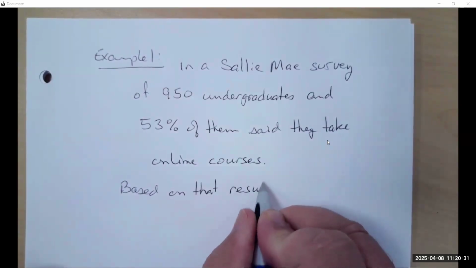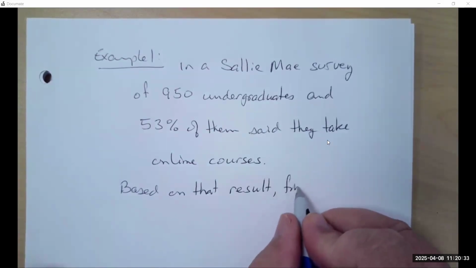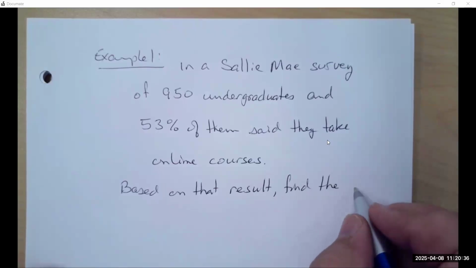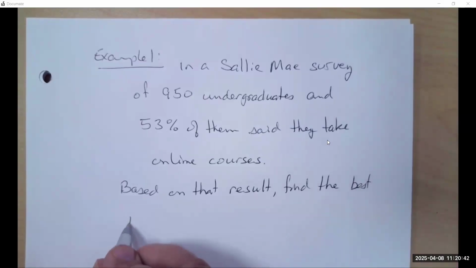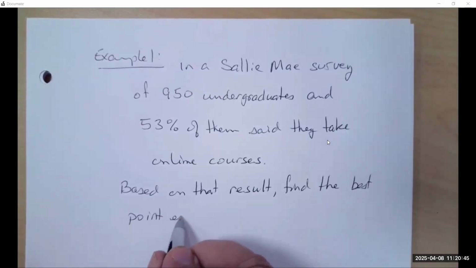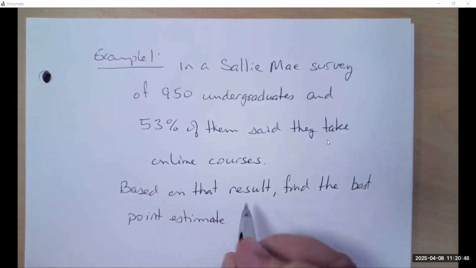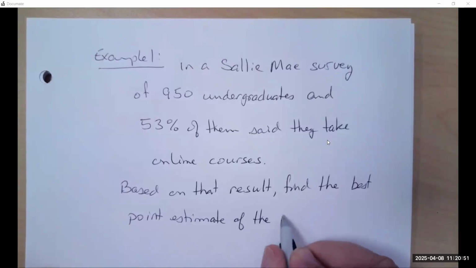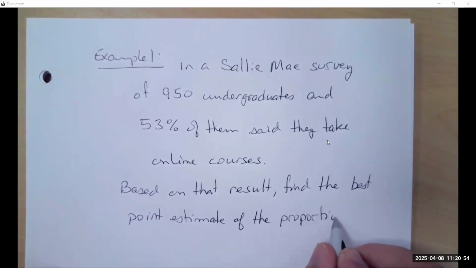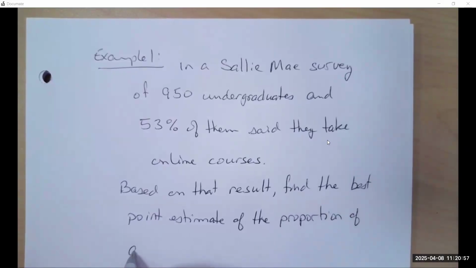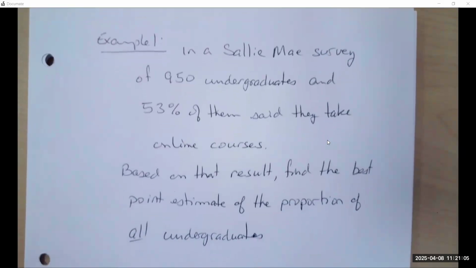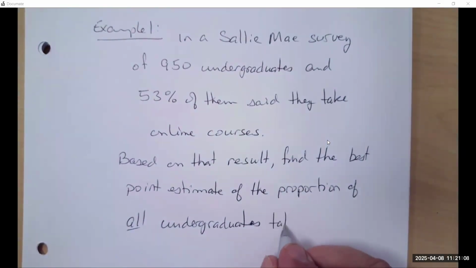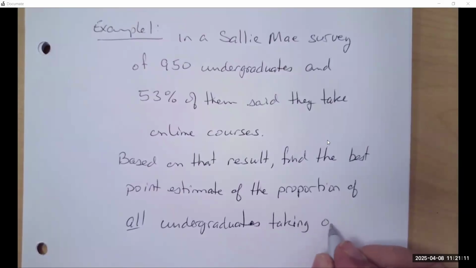Based on that result, find the best point estimate of the proportion of all undergraduates taking online courses.